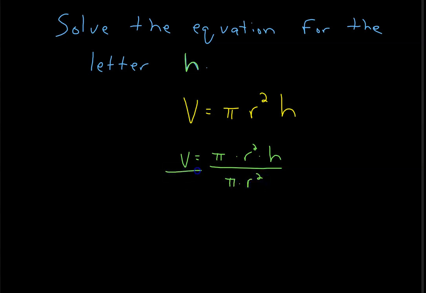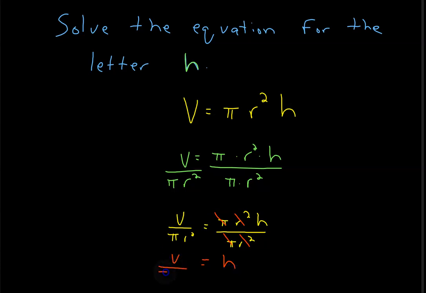So I'm going to divide this side by pi r squared, and divide the right side by pi r squared. Since I have a pi here, they cancel to be 1s, and the r squareds cancel to be 1. So on the right side, I just have h. On the left side, I have v divided by pi r squared. That's what h is. H is equal to v divided by pi r squared.